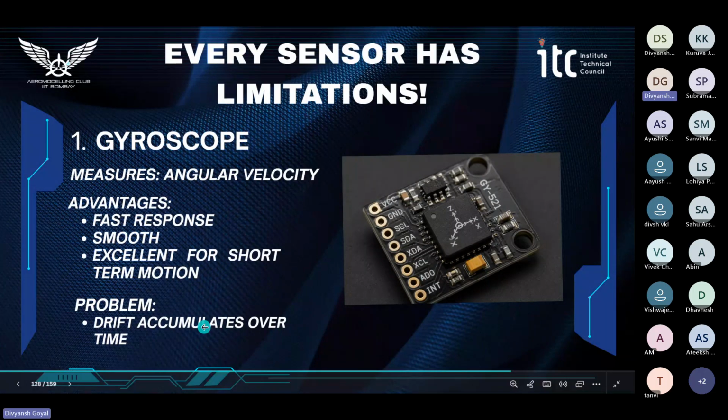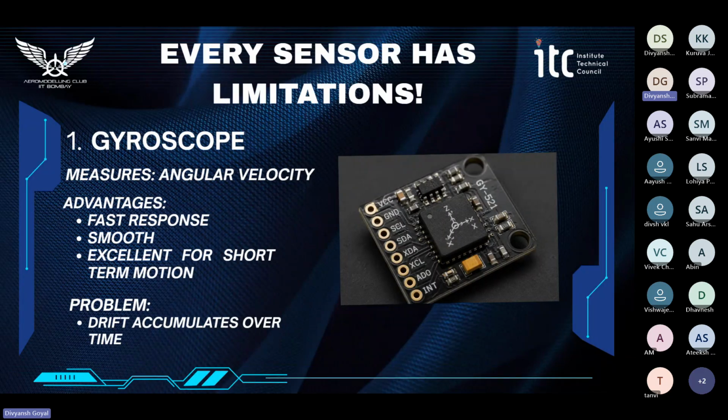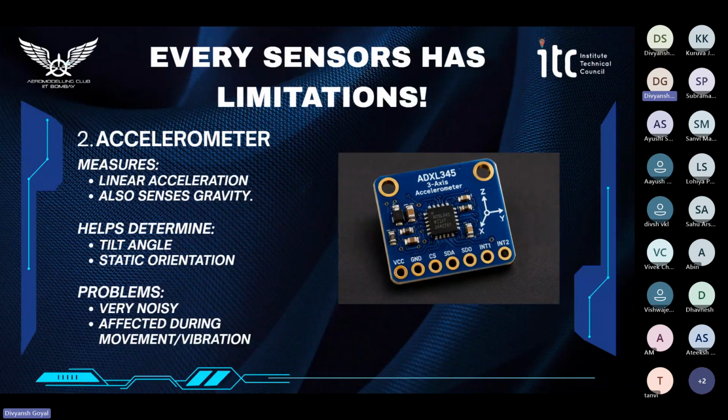That's how the concept of drift works in the gyroscope. And similarly, for the accelerometer, which measures the linear acceleration and ultimately the tilt angle, the problem is that it is very noisy due to the movement and vibration during the motion.